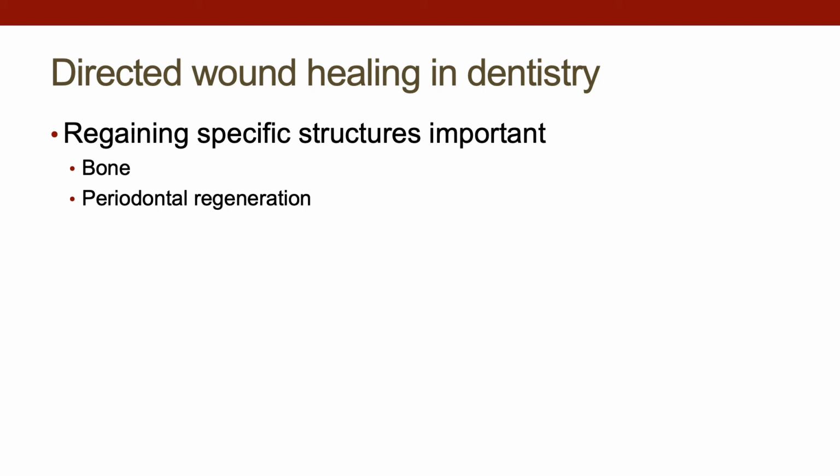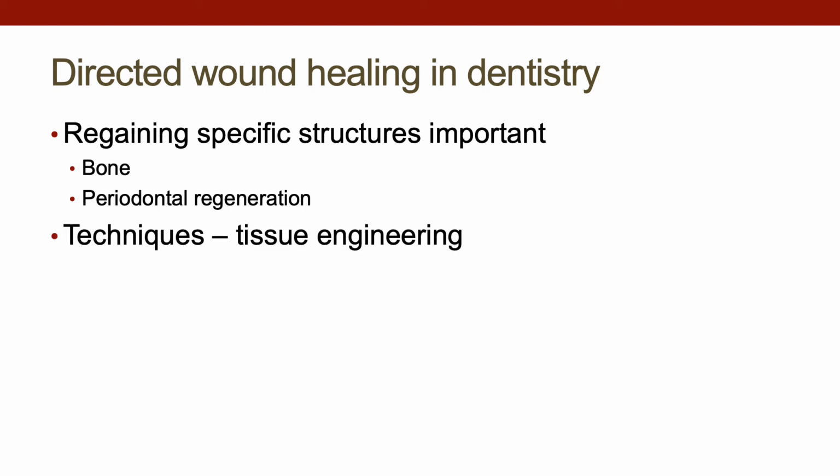So there are techniques to try to manage this that are under the name tissue engineering. Some techniques involve membranes that can block unwanted cells from entering an area that's healing. Those membranes are often of a form that's resorbable, so they will block for a specific period of time, but the body will eventually remove them.